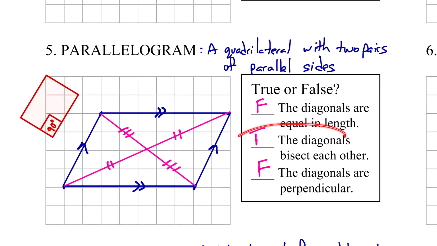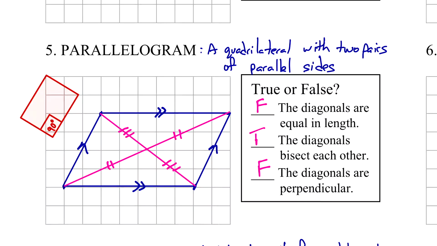But they do bisect each other, so that's why we have these markings, right? So even though they're not the same length, both diagonals cut each other into two equal parts, right? Now all four of them don't have to be the same length, right? Just the ones on the same diagonal have to be cut in half.